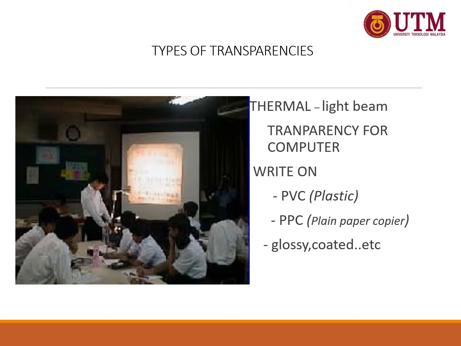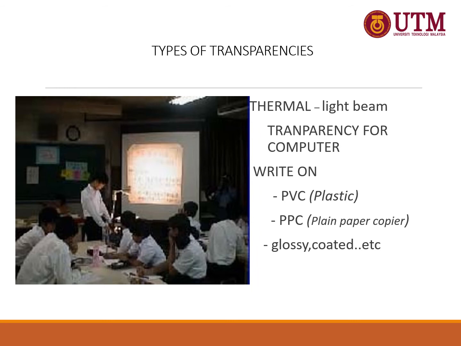We need, for example, a transparency, and there's actually different types of transparencies. There's a plastic type, and there's a plain paper, and there's a coated, glossy, and so on. So it depends on your purpose. What are you going to do with the transparency?